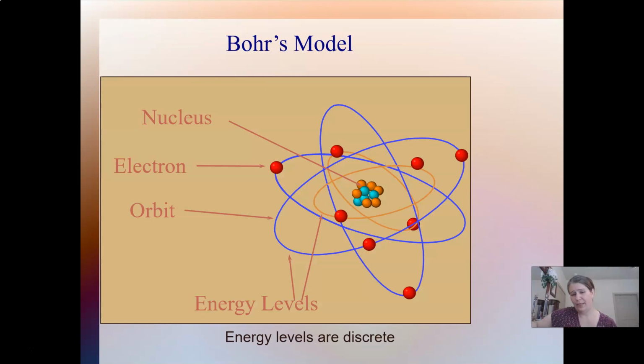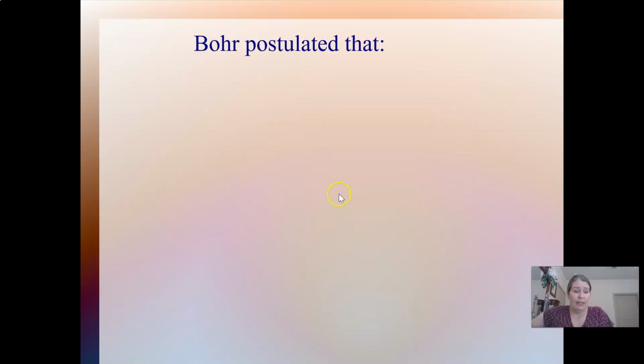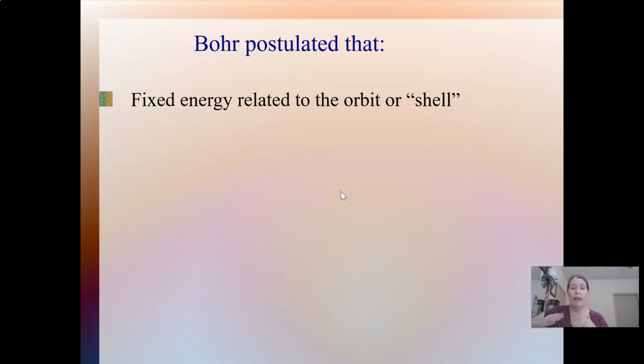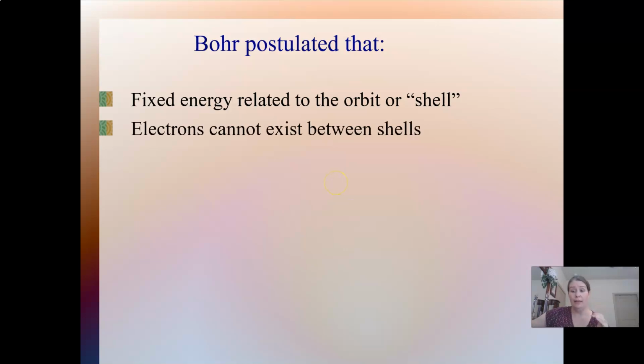So the Bohr model looks kind of like this. We have a small positively charged nucleus. Thank you, Rutherford. We have the electrons out here, but instead of being at any distance, they are in particular orbits at different energy levels. Bohr postulates that this energy is a fixed number related to that orbit or shell, and that electrons cannot be in between those shells.